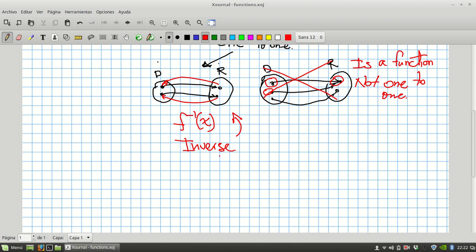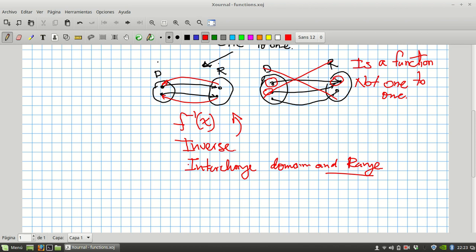If you have a one-to-one function, you can find the inverse. Let me repeat it. If you have a one-to-one function, you can find the inverse, because it means that you're going to have one element of the range corresponds to one element of the domain, so you can interchange domain and range. Okay, that's the inverse.